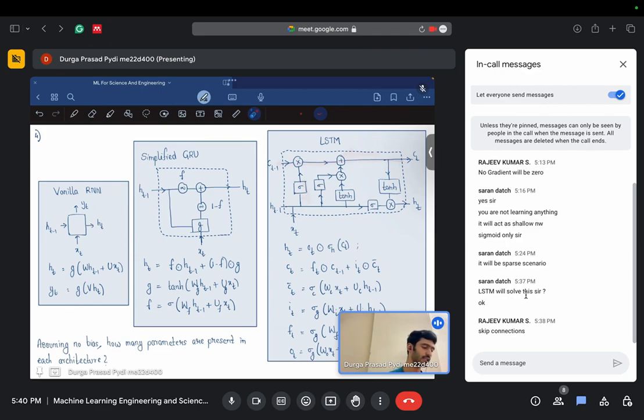Mathematically, what we are trying to do: ht is the hidden state at time step t. We are using an output gate that will decide what features should be used to decide how much of the input information can flow to the output, and this information is stored in the cell state. C is called the cell state, or you can call it cell memory. How do you update the value of this cell state? You take the previous cell state value, and you have something that takes inputs from the current input as well as the previous hidden state.